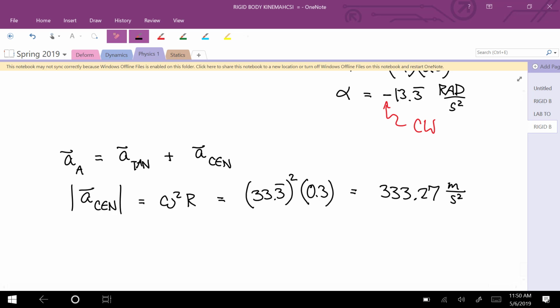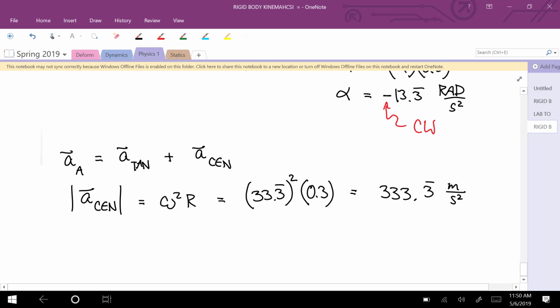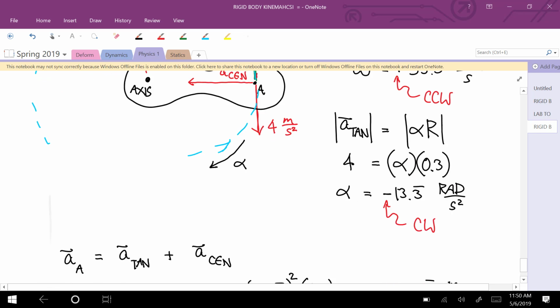Actually, that's 3 repeating. Let's just round off error. And then the direction is negative x.